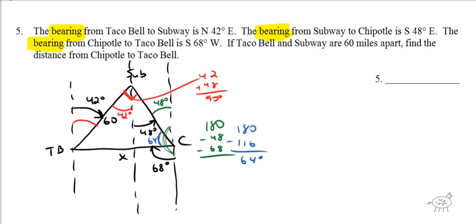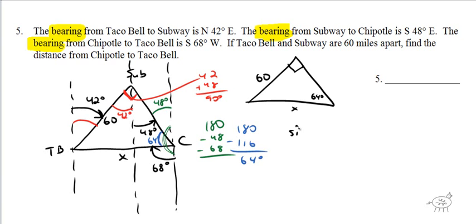So if I redraw this triangle now I have enough information. This is a right angle. This is 64 degrees. And I'm looking for x, and this is 60 miles, and it's beautiful now, man. Okay, because what am I going to use here? Well, I have opposite and I have hypotenuse, so I'm going to use sine here, right?